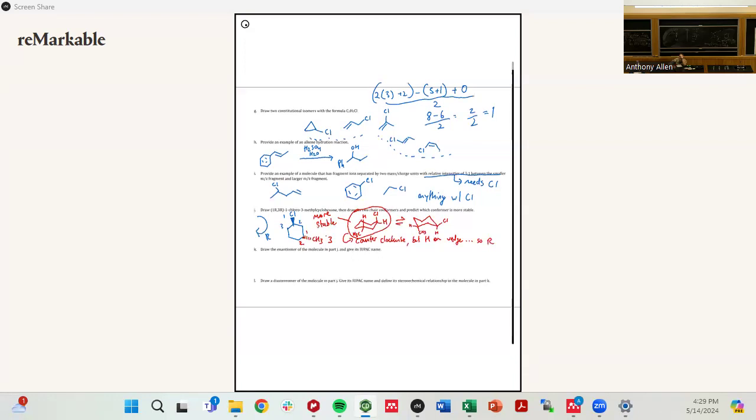Draw the enantiomer of the molecule in part J, and give its IUPAC name. So I need to draw what needs to happen to the chlorine. Yeah, that's a bad dash. How do I give myself space?